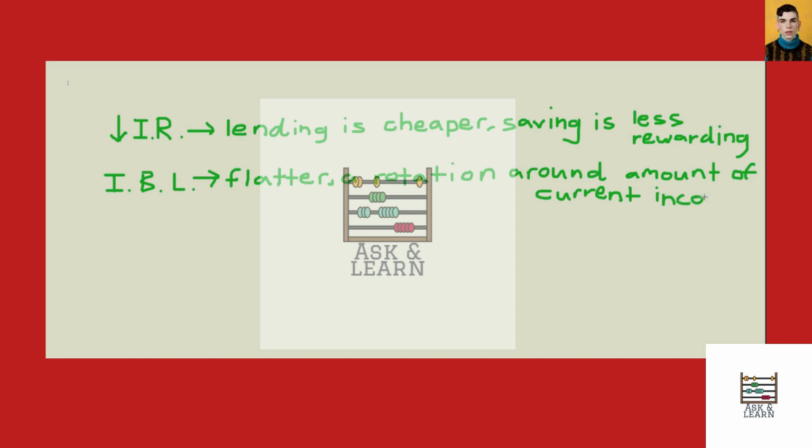Now, in response to the second part of the question, how would it affect one's consumption and saving decision? So, with the flatter intertemporal budget line, this would likely cause a decrease in saving.